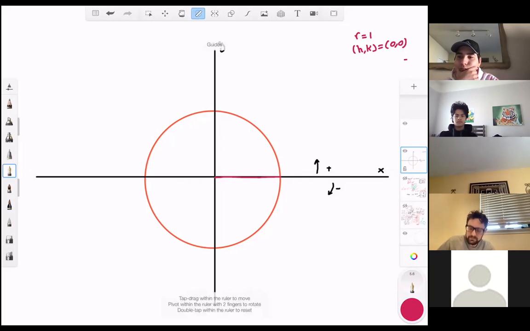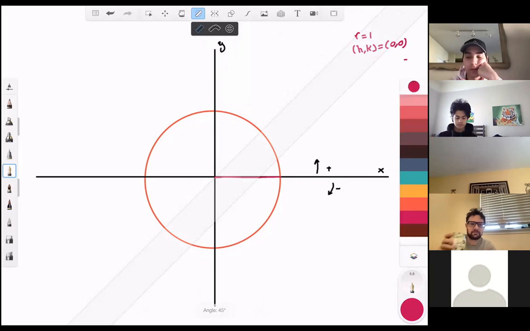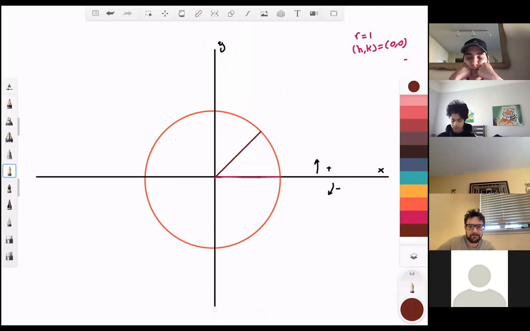For example, I'm going to go to 45 degrees. So this angle is 45 degrees. I'm going to call this alpha.